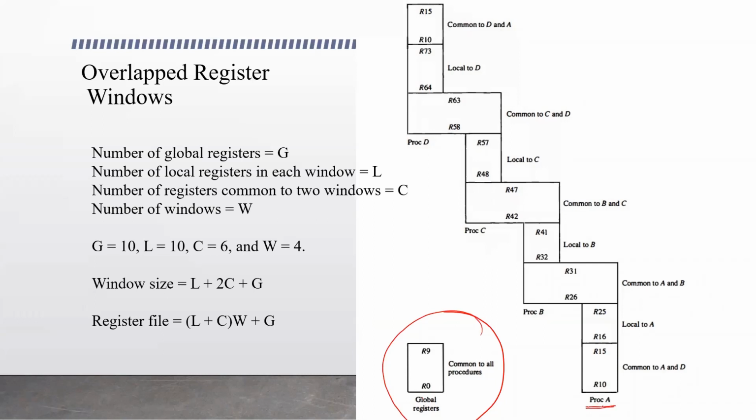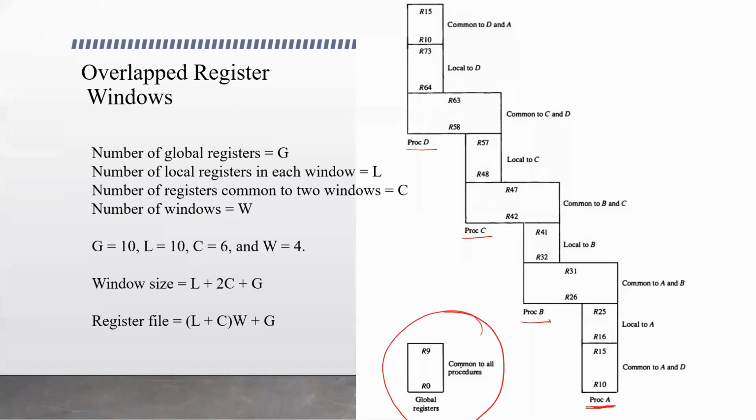There are 4 procedures here: procedure A, procedure B, procedure C, and procedure D. All these procedures need to access the registers to store values and to get back the values. So there are 10 registers, R0 to R9, and these 10 registers are kept common for all the procedures, so all the procedures can use them commonly.